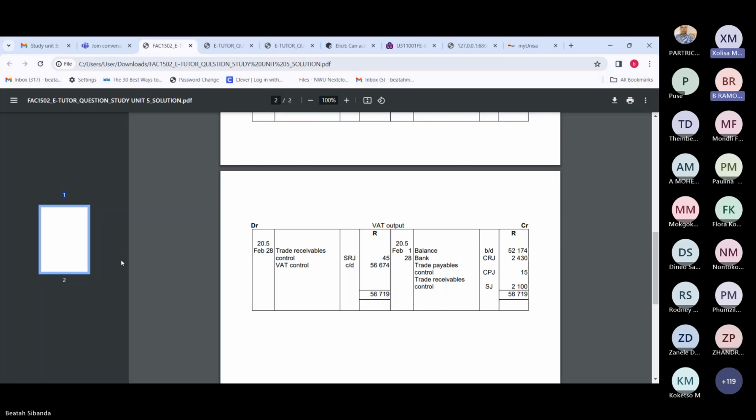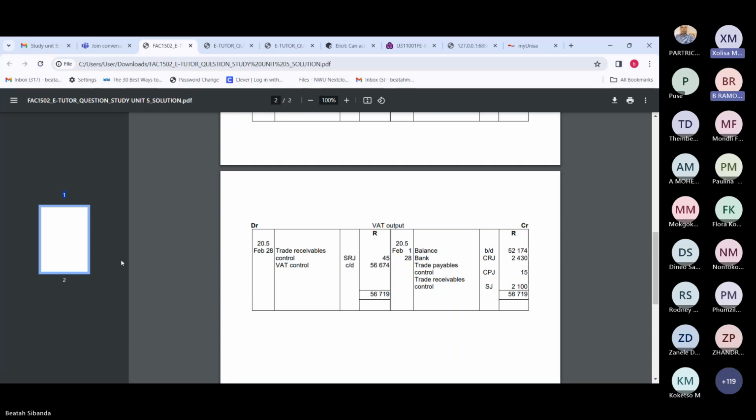No, remember that no cash is leaving the business here, right? So we're in the sales returns journal, we're recording transactions that essentially reverse a credit sale that we had made initially.